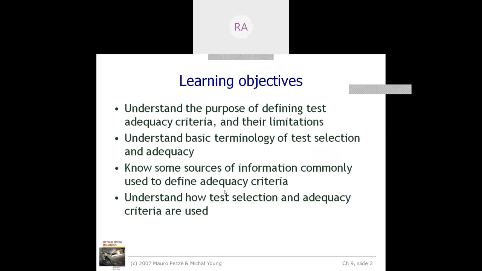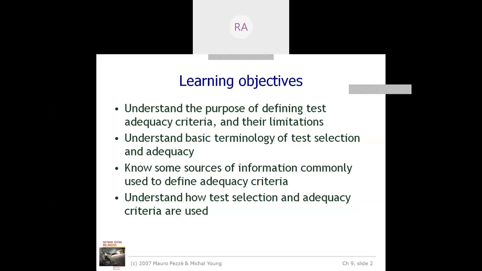What are the objectives associated with this particular part of structural testing? Here we are going to understand the purpose of having test adequacy criteria and the limitations associated with the adequacy criteria. Then we are going to study the basic terminologies involved in test selection as well as adequacy.